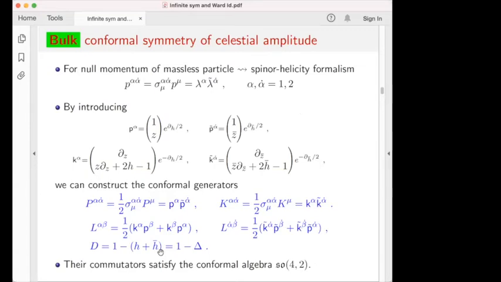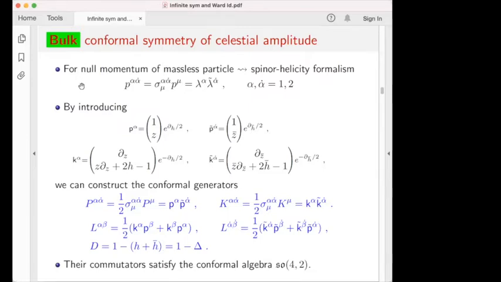So far, we discussed Poincaré symmetry. Now we will consider conformal symmetry, because we know some theories also have conformal invariance, like this φ^4 theory in 4D, at least classically. Here I'm talking about the bulk conformal symmetry, which is different from the conformal symmetry on the celestial sphere, which is induced from the bulk Lorentz transformation.